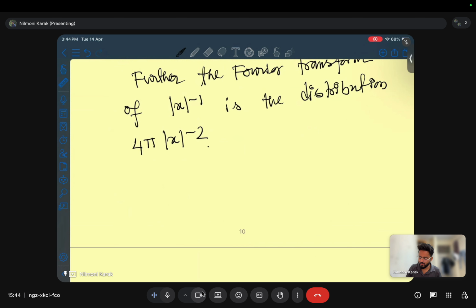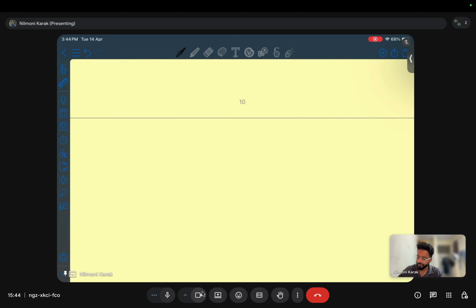Now let us revisit the theta function and then the Poisson summation formula in the context of distributions. Okay, let us see the theta function.